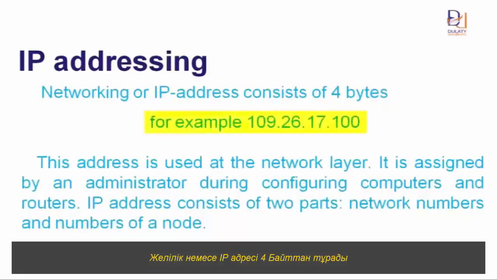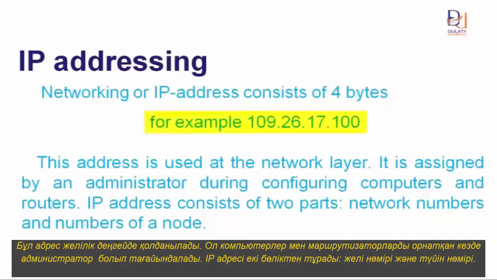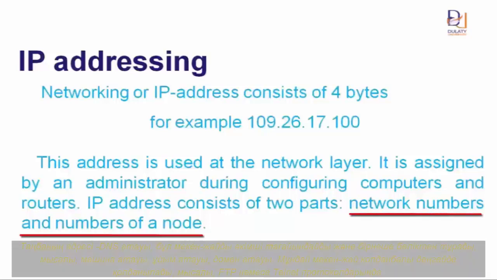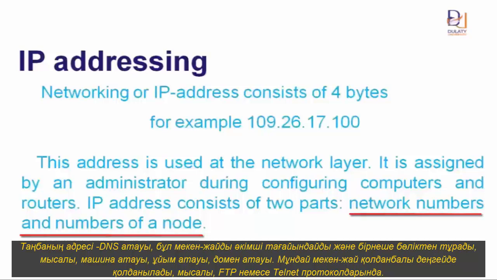Networking or IP address consists of 4 bytes. This address is used at the network layer. It is assigned by an administrator during configuring computers and routers. An IP address consists of 2 parts, network number and number of a node. The third address is the DNS name. This address is assigned by an administrator and consists of several parts, for example, the name of the machine, name of the organization, and domain name.